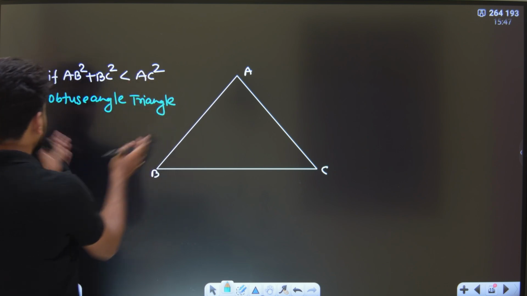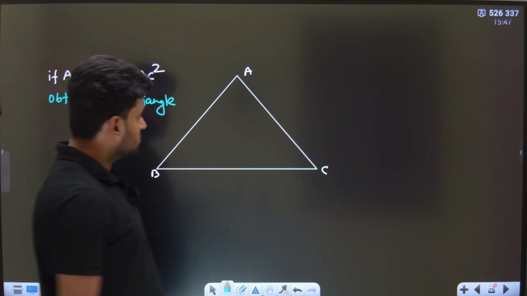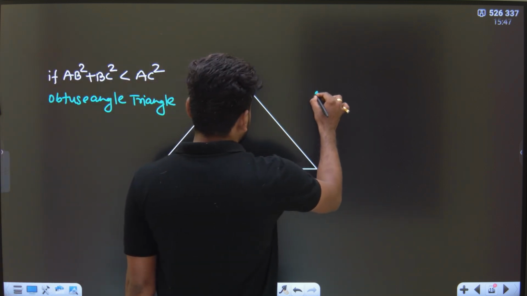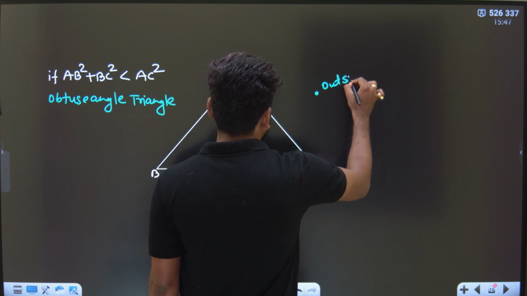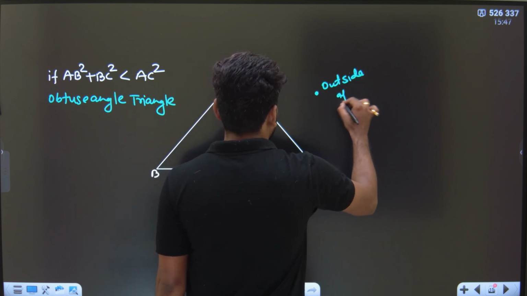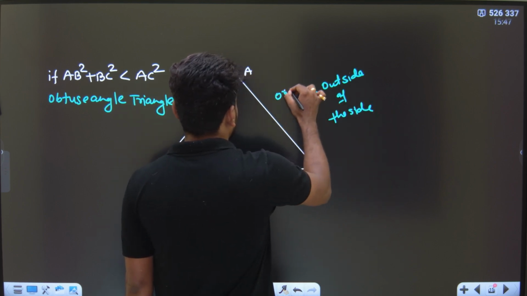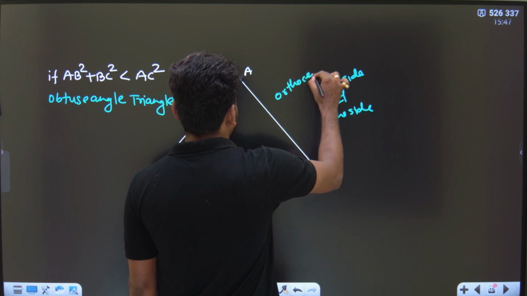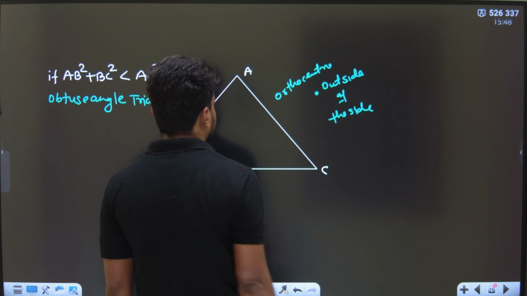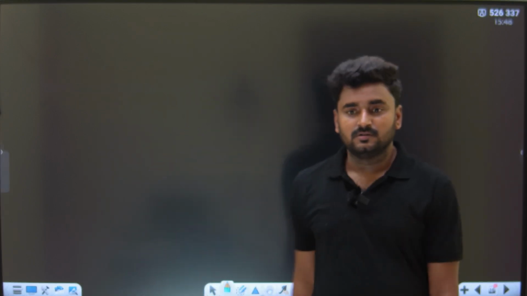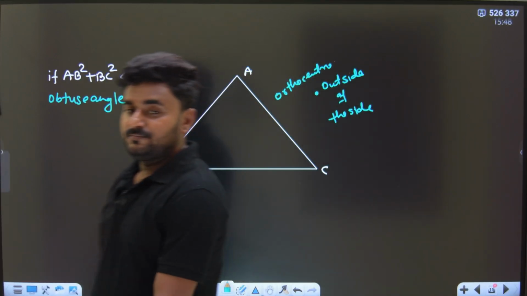In case of an obtuse angle triangle, the orthocenter will lie outside of the triangle. Now, I think you understood.